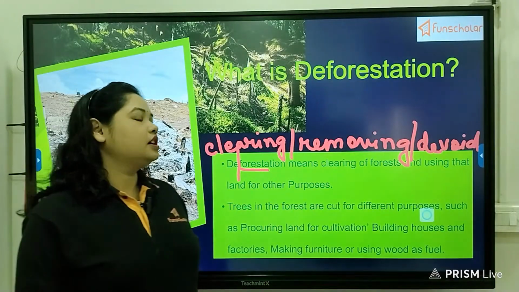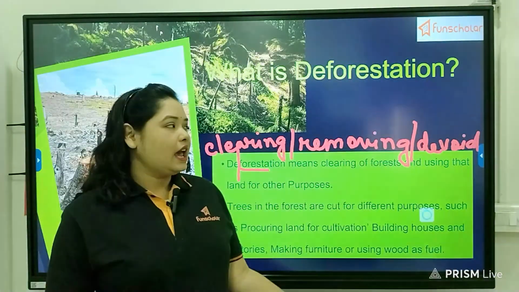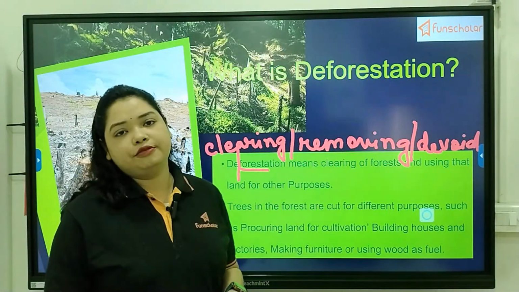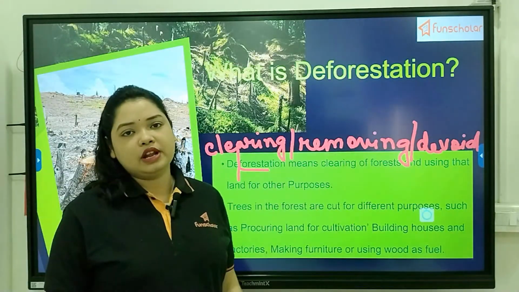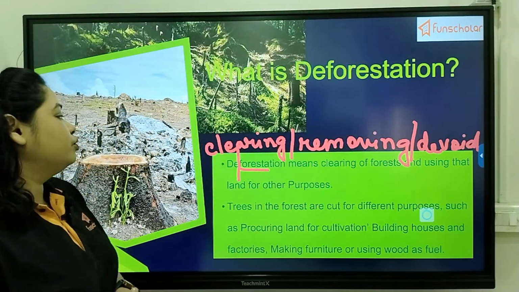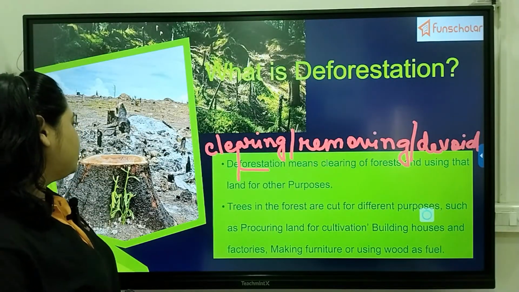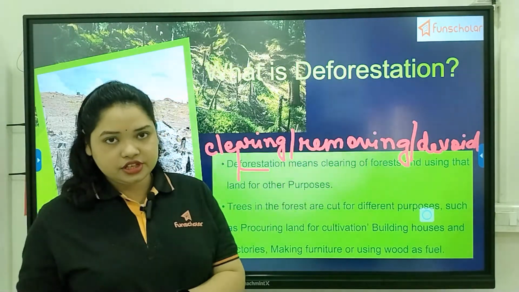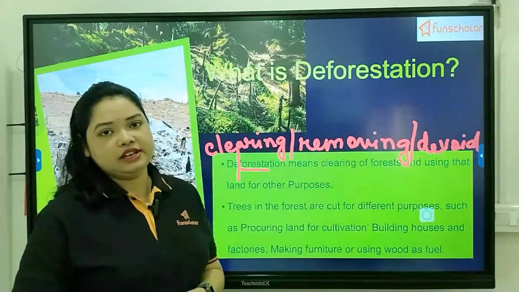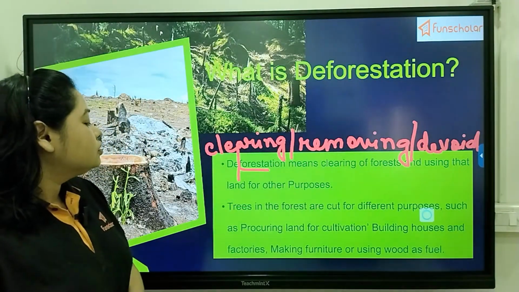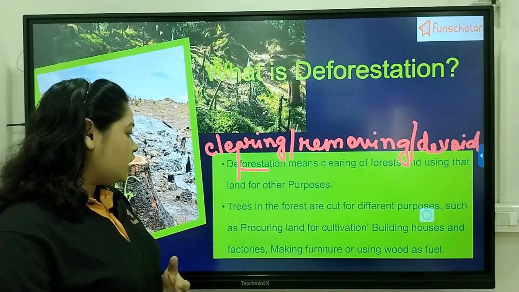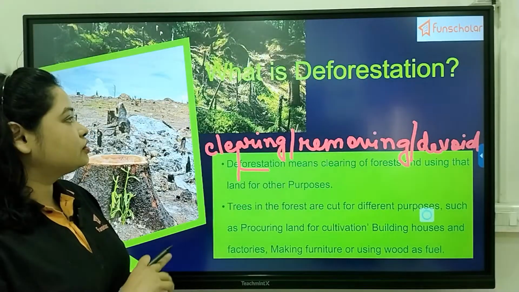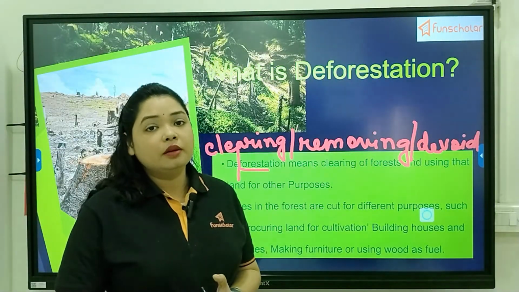And since forests are made up of trees and the different life forms of plants, that means clearing of all the forms of life under the plant category to actually clear the land for different purposes such as industrialization, urbanization, and other commercial uses such as making roads, highways, flyovers, etc. So the trees are cut down and they are totally removed, and hence it has a direct impact on the biodiversity.